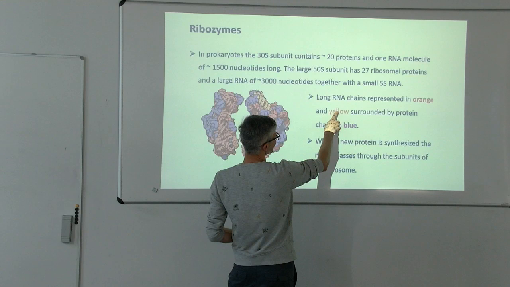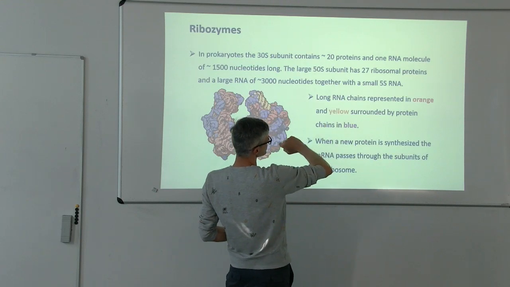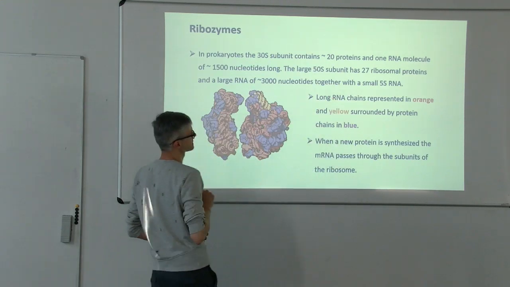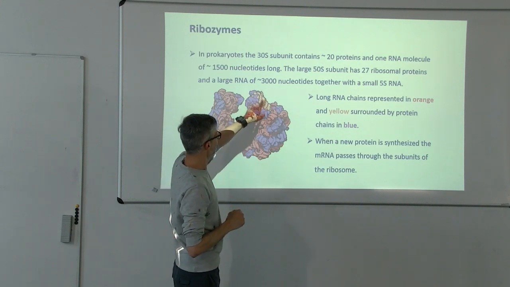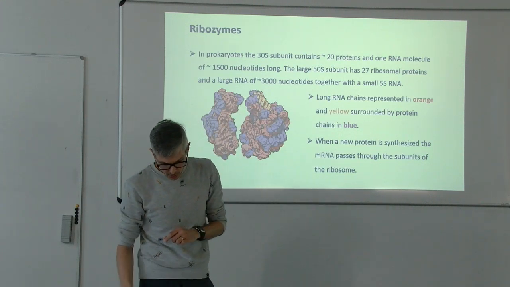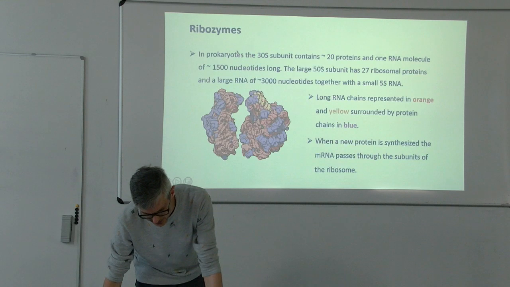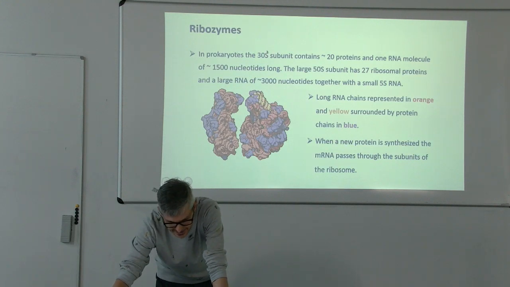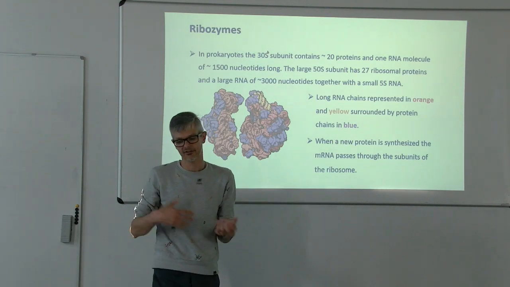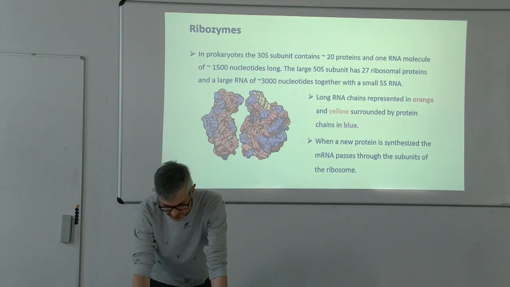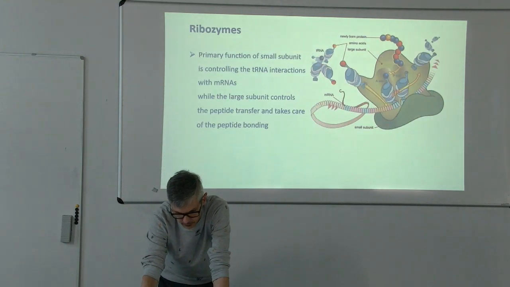And then the yellow and the orange are actually the RNA chains. So here and here shown. So this is what we call then the subunit, the 30S subunit in prokaryotes, and it's a bit different than in eukaryotes depending on how many proteins you have and how long the nucleotide chains are in the RNA molecules.